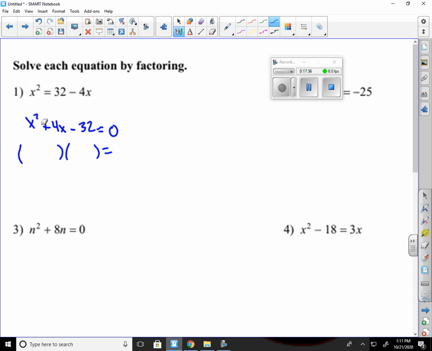Since this is a minus and this is a plus, I know that this is a minus and this is a plus. It's going to be x plus 8 and x minus 4. X minus 4 equals 0. X plus 8 equals 0. It gives me x equals 4 and x equals negative 8.